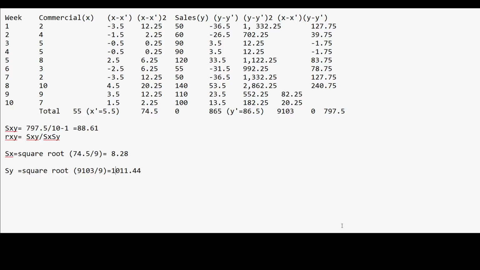This is still under the square root, guys. So the square root of that, we need a calculator.